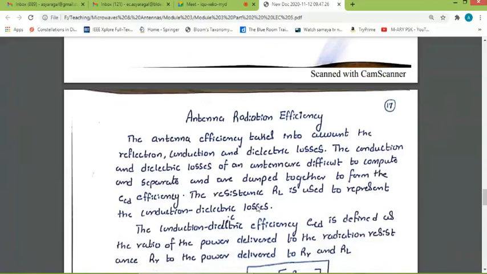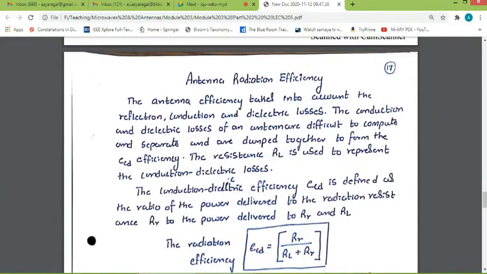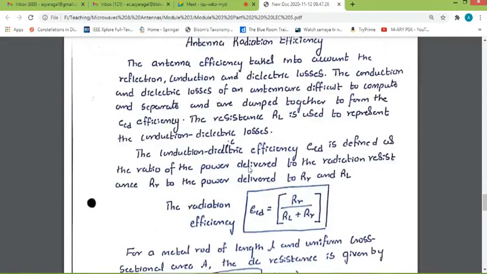It takes into account all three losses: reflection, conduction and dielectric losses. But usually these conduction and dielectric losses are difficult to calculate and inseparable, hence they are always dumped together to form the efficiency ECD.